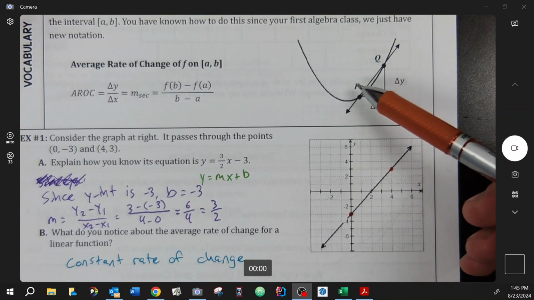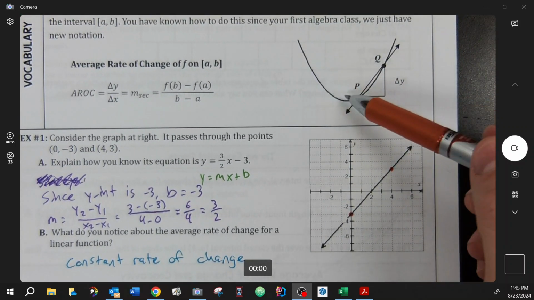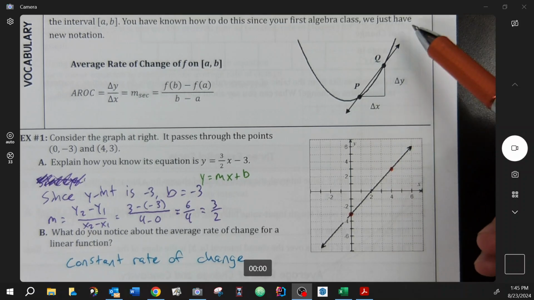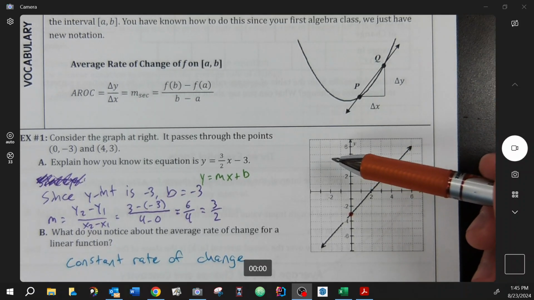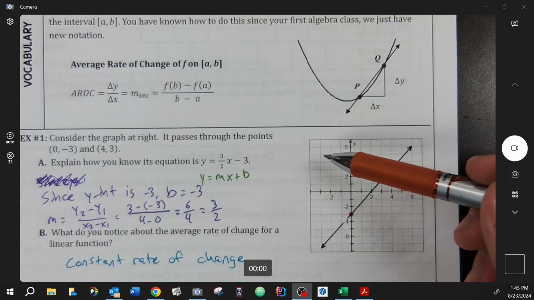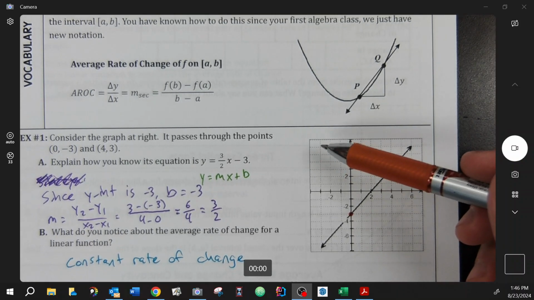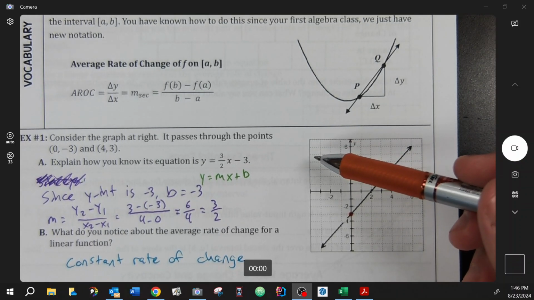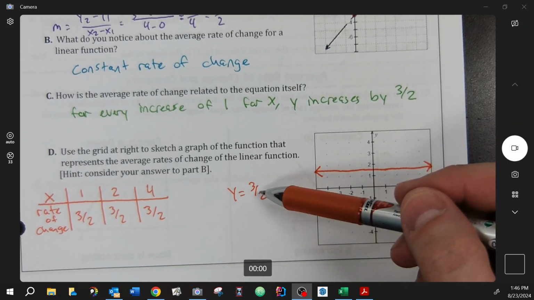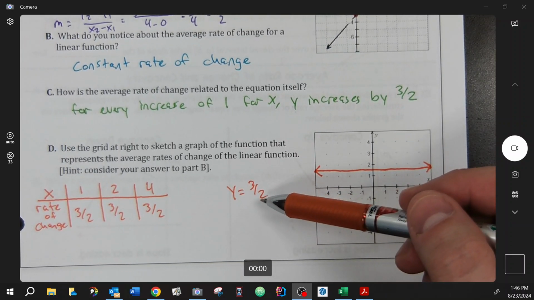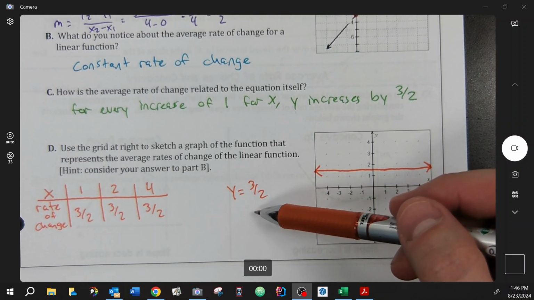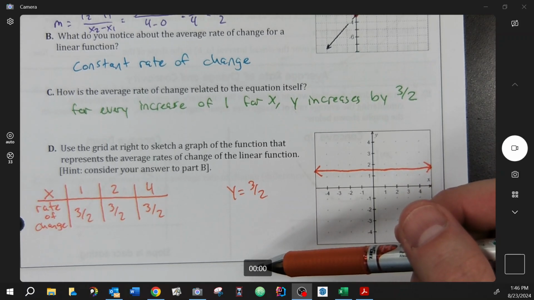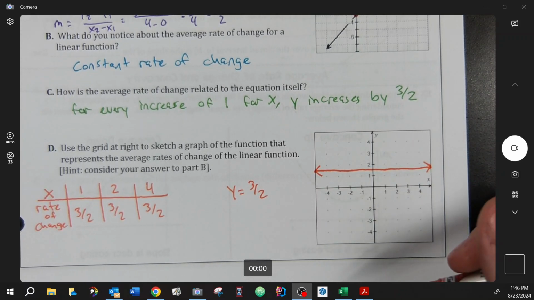Of course not. This one has average rates of change that are always changing. But there is still a way to get a function that when x goes in, rate of change comes out instead of a y value. And that's what we're working on learning how to do.